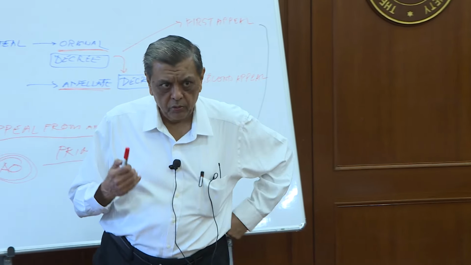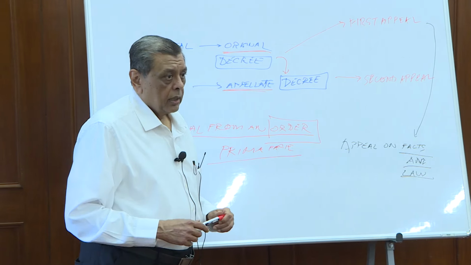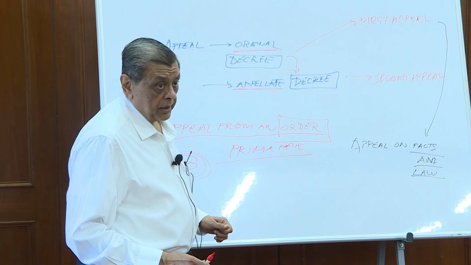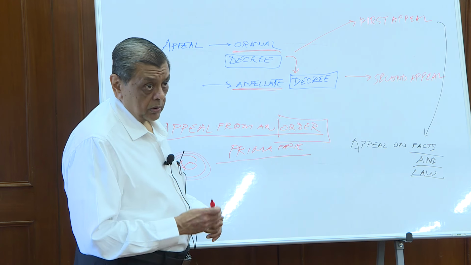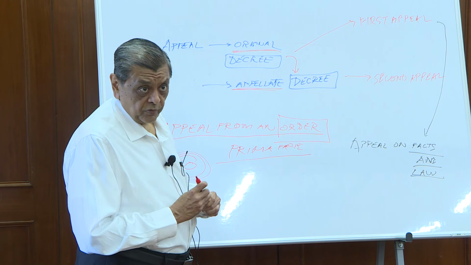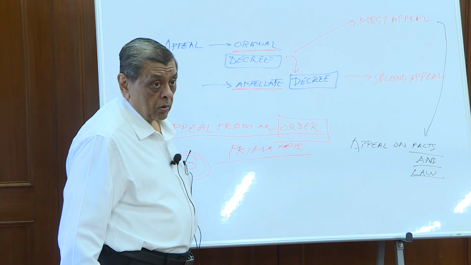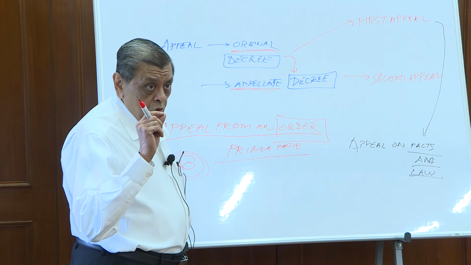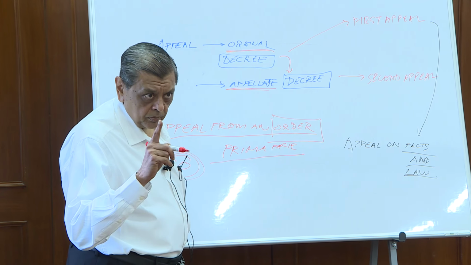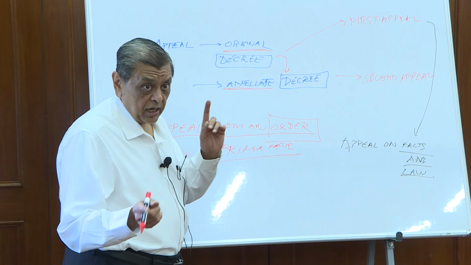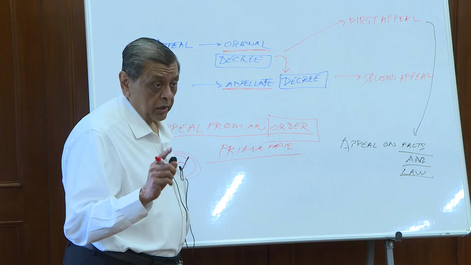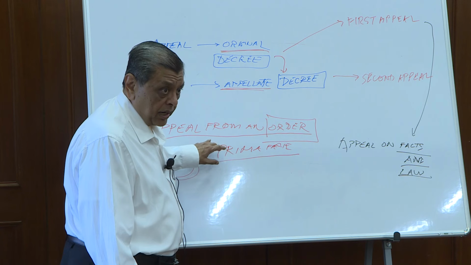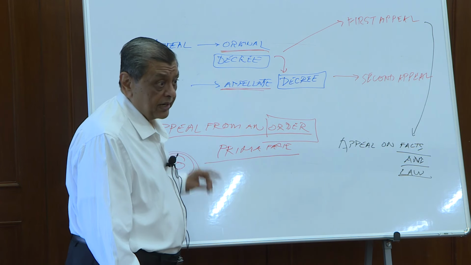Let me assume that you are in the appeals court, either in a DB, hearing an original side AO, appeal from an order on an IA, or hearing an appeal coming up from the city court. What are you going to look at as a judge? I'm reversing this because then we'll come to what you'll have to do as a lawyer. What are you going to look at as a judge when you're presented with an appeal from an order in an interim application?